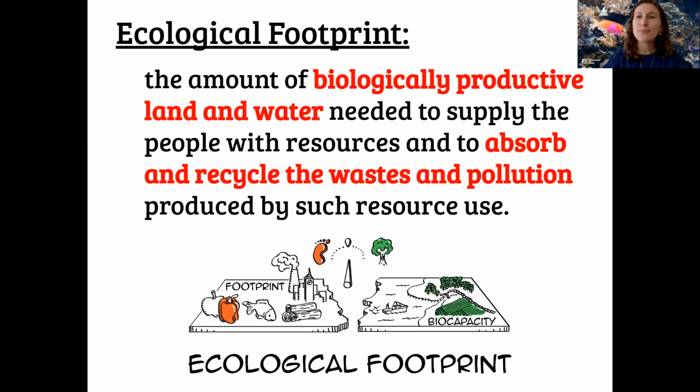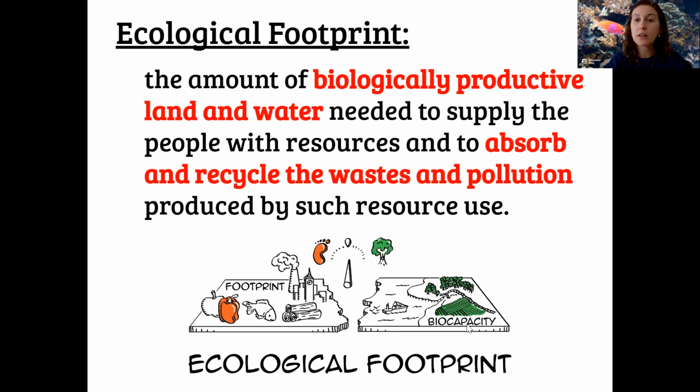This is just a more formal definition of it: the amount of biologically productive land needed to supply people with resources and also absorb and recycle waste and pollution produced by such resource use. Our ecological footprint, that amount of hectares needed to support and sustain a population, we always want to be in balance with something known as biocapacity.